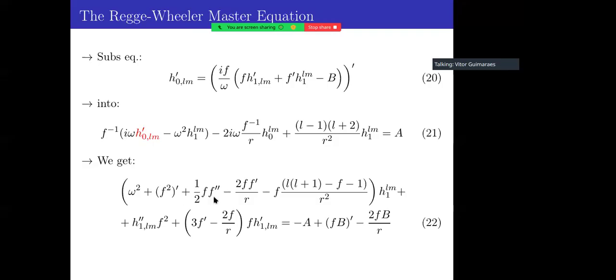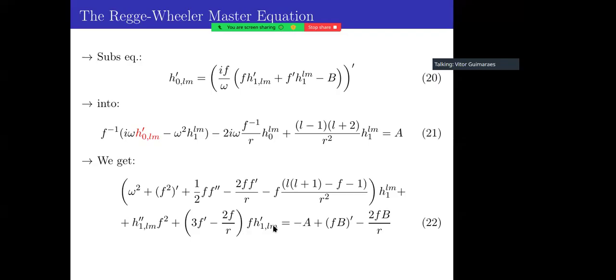But if you substitute f by 1 minus 2m over r, take the second derivative here and the first derivative here, and regroup everything, you're going to see that it perfectly matches the answers from Valeria Ferrari and from Berti. So this is the equation we end up with so far.